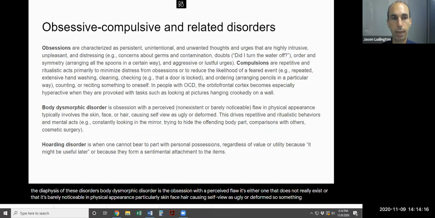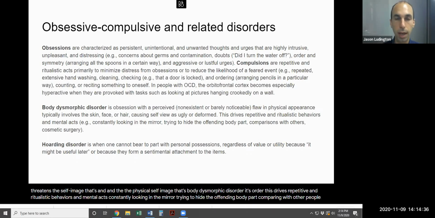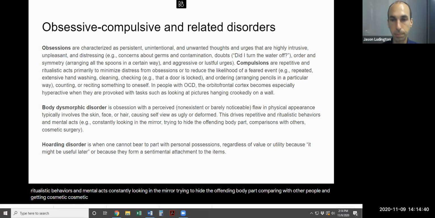So something that threatens the self-image, the physical self-image, that's body dysmorphic disorder. This drives repetitive and ritualistic behaviors and mental acts: constantly looking in the mirror, trying to hide the offending body part, comparing with other people, and getting cosmetic surgery.